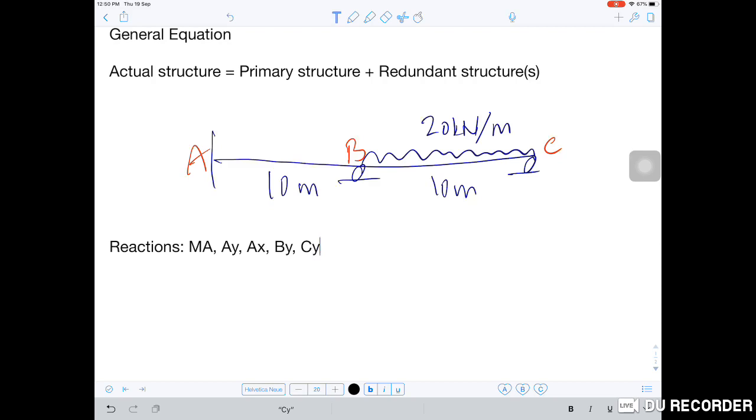Please remember that whenever we remove the redundant, we have to make sure that the structure becomes determinate and stable. So we will have three possible primary beams for this case.